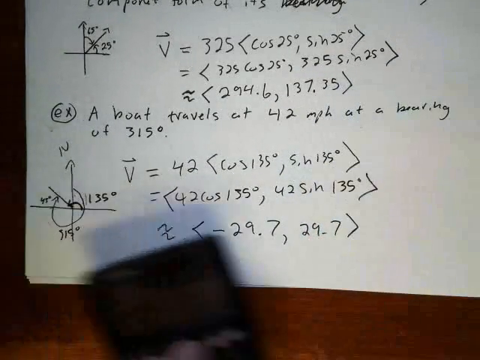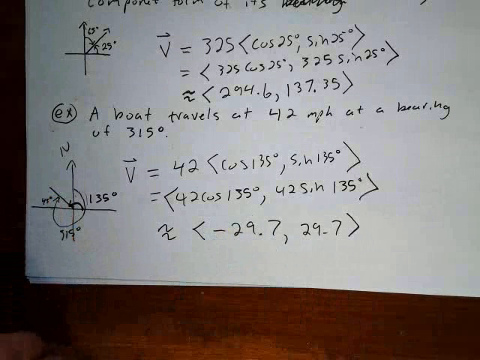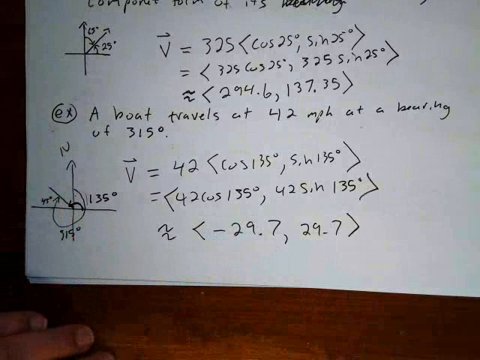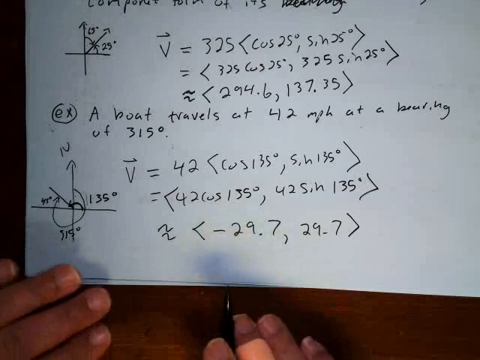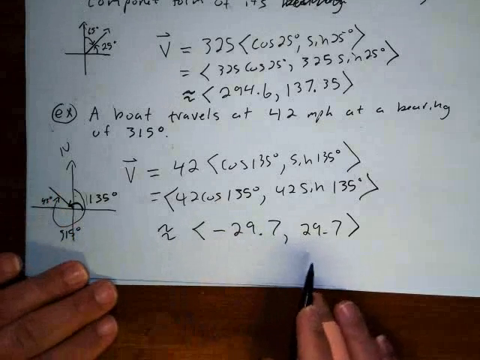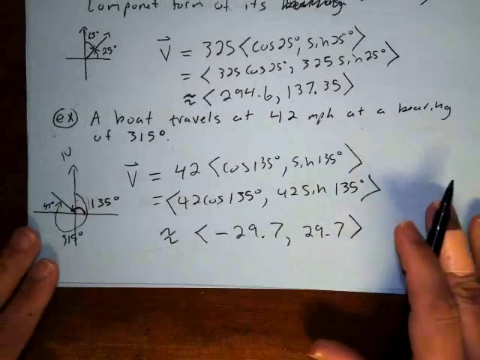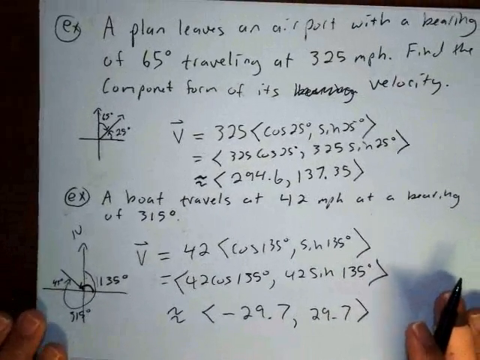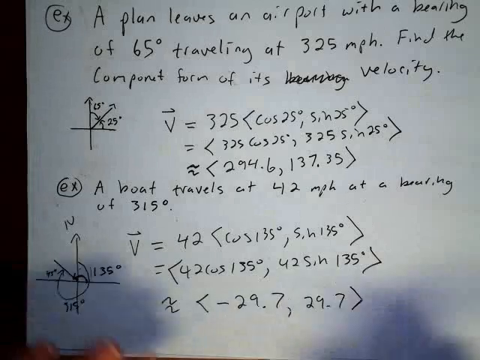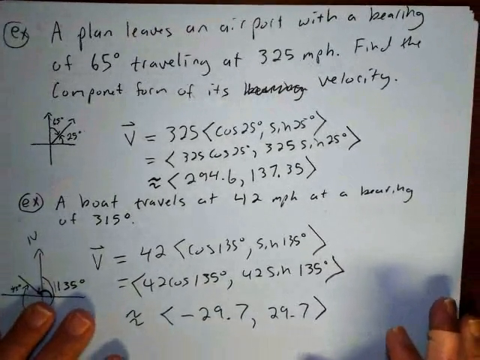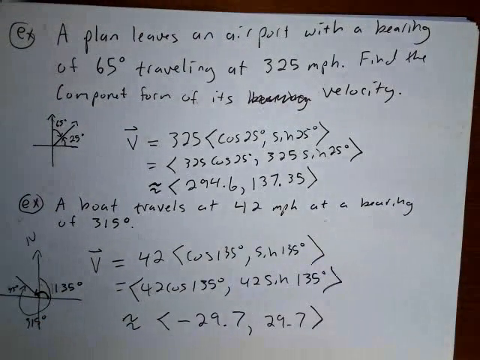Notice those are the same in magnitude, and that makes sense because that's a 45-degree angle. Okay, and so that actually makes sense. The x is negative, the y is positive. So there you go. This is a very nice tool, and in the next several videos we'll be using it to solve application problems.